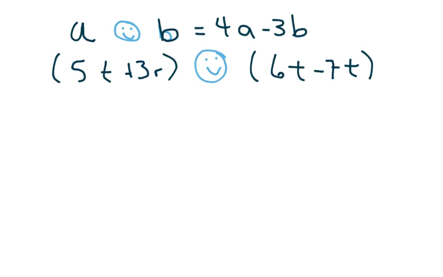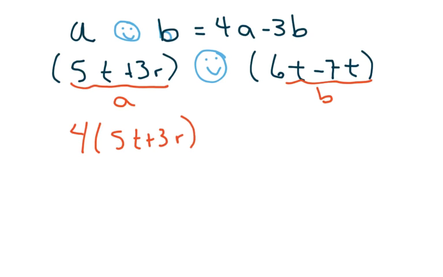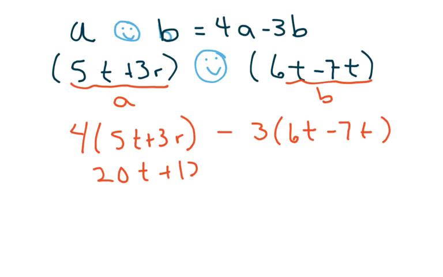So what we're going to do, we're going to use substitution again. This is my A, and this is my B. And I'm going to use substitution, so we get 4 times 5t plus 3r minus 3 times 6t minus 7t. When you clean this up, you get 20t plus 12r minus 18t plus 21t.